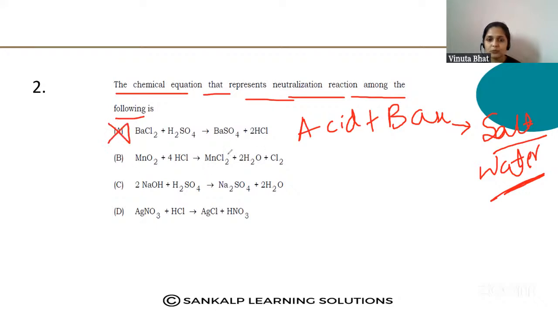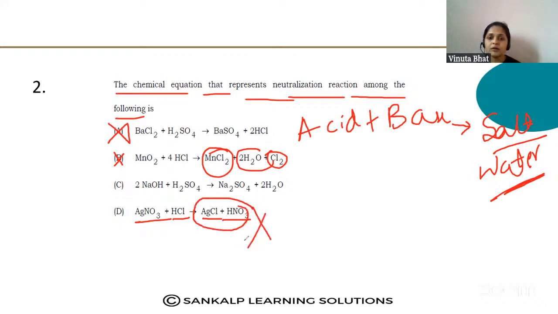Here magnesium chloride, water and chlorine are formed. This is also not a neutralization reaction. Next, AgNO3 and HCl give AgCl plus HNO3. This is also not a neutralization reaction, because salt plus water should be formed.